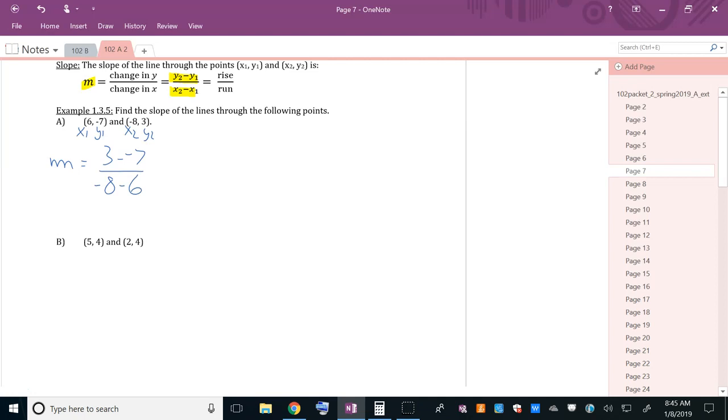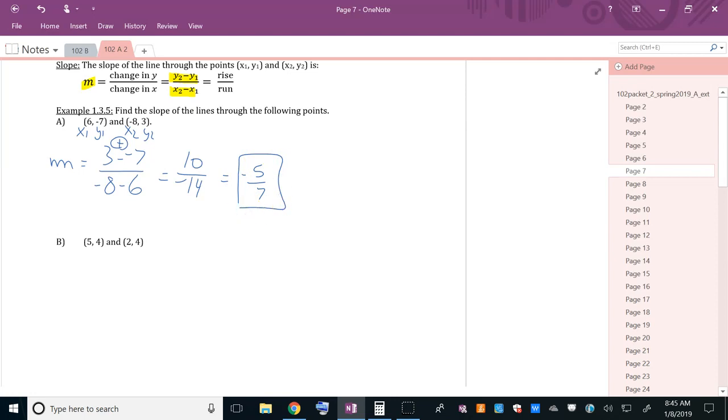So I plug my values in the function and see what I get. Minus a negative is the same as adding a positive, so I get 10 on the top, and on the bottom I get -14. Now if I can reduce, I would like to do so, and that is -5 over 7.